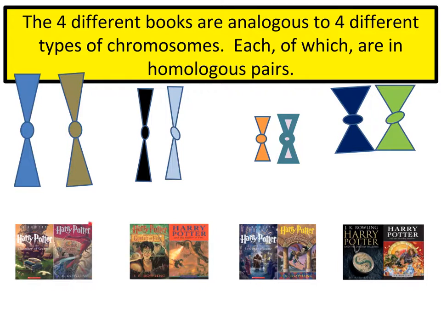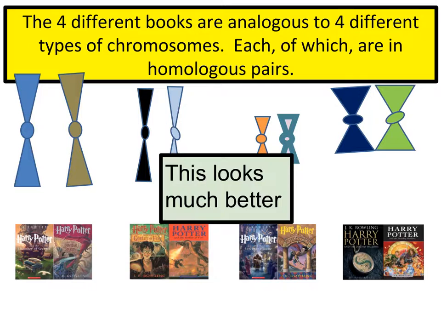Right, so here we go. We got the homologous pairs, this type of chromosome, and this type of book. Homologous pair, homologous pair. Homologous pair of chromosomes, homologous pairs of the Sorcerer's Stone. Okay? So this looks way better, and it's a far more accurate representation if we're going to do this analogy.